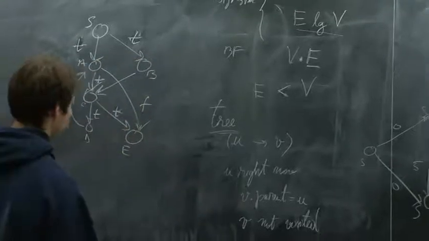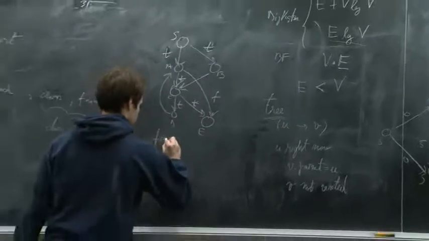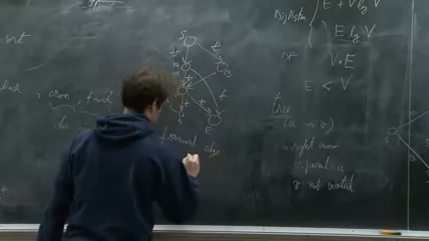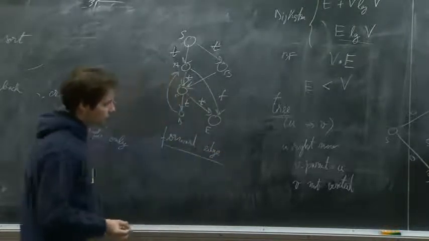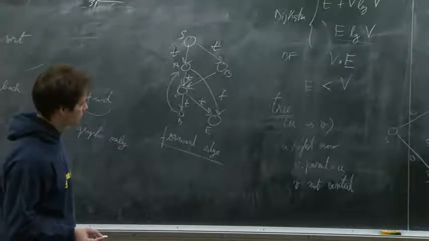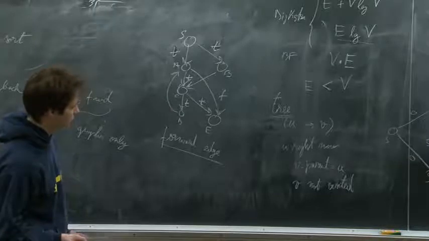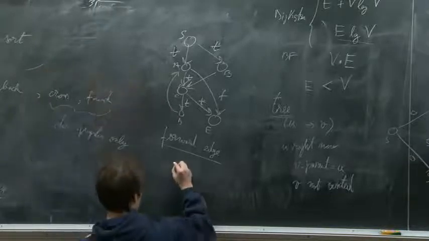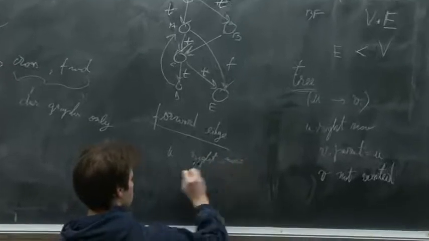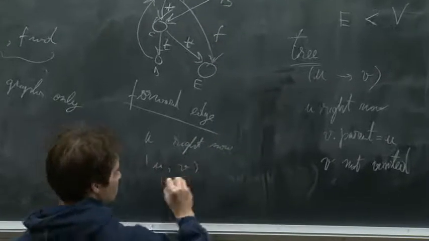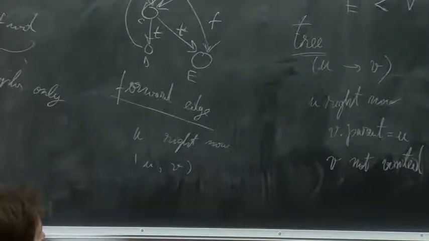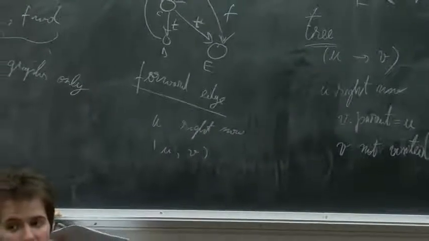Now let's compare this to a forward edge. What happens to a forward edge? You're at U right now, and you're looking at the edge UV. UV would point downwards in the tree. What's true about V dot parent?